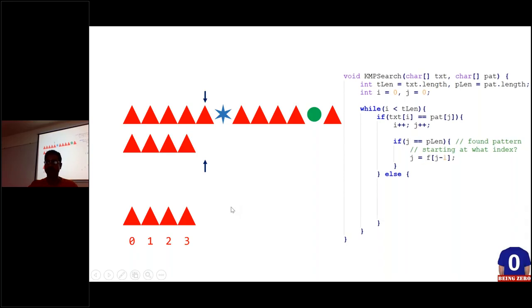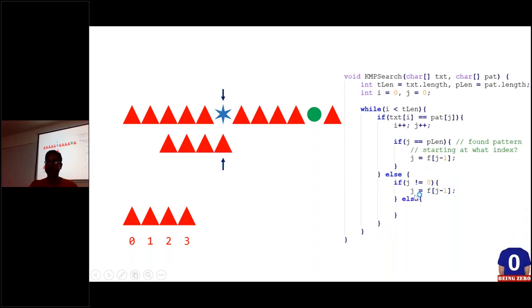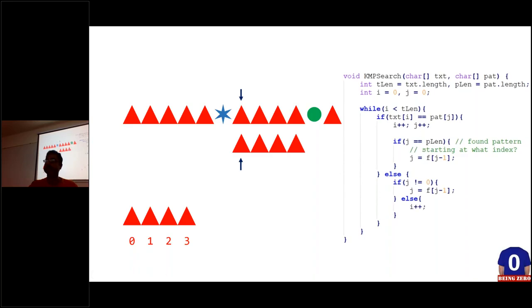So in the else case, J equals failure of J minus 1. We move J there. If J is not 0, we go and check. If J is already 0, then I plus plus. Right?